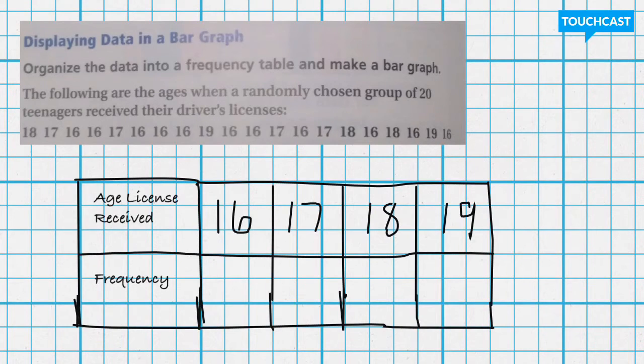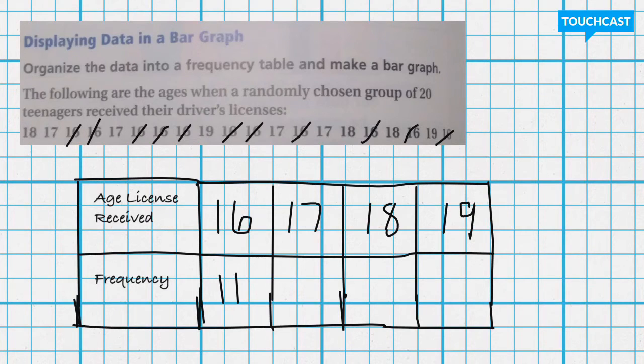Now let's count how many times 16 appears in our list. So we've got 1, 2, 3, 4, 5, 6, 7, 8, 9, 10, 11. So we'll put 11 in the frequency.